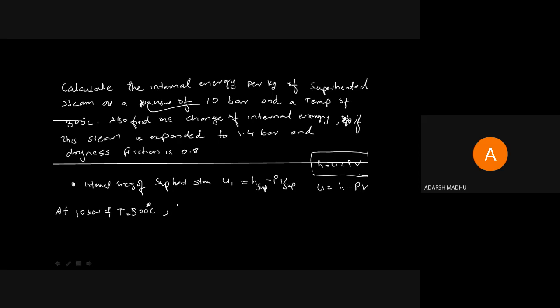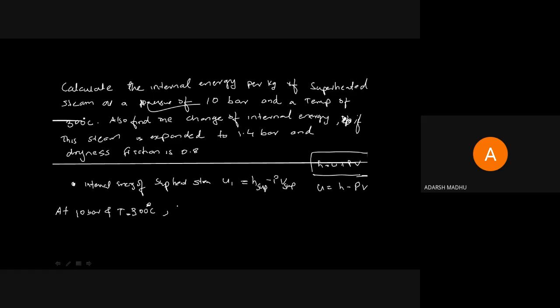We have three tables here. The first one is for saturated steam, the temperature table: if the temperature is known, we can find the other data. After that you have a pressure table: when pressure is given, you can find the other values.